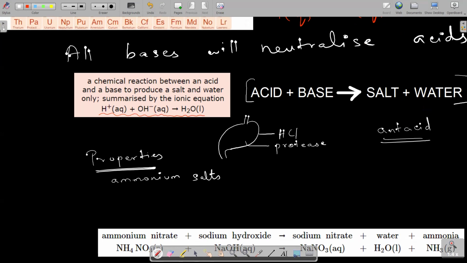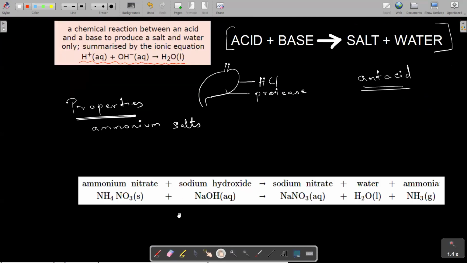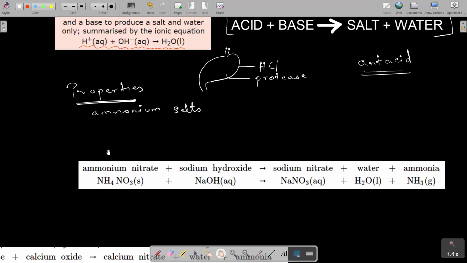So here I have a reaction for you all. Here you have ammonium nitrate. It reacts with sodium hydroxide to give you sodium nitrate, water, and ammonia.